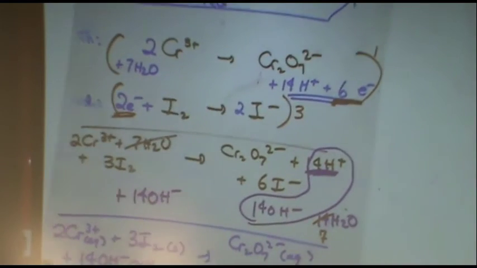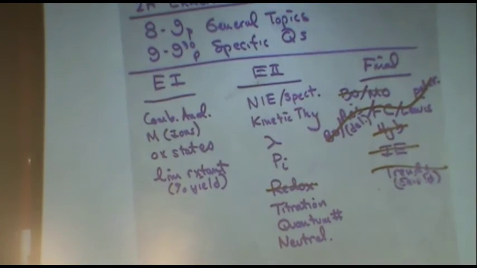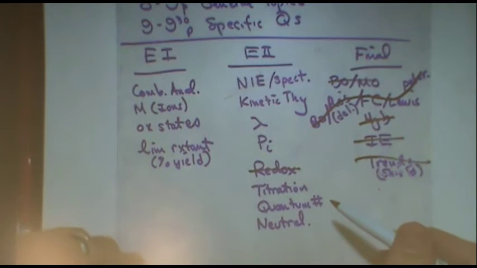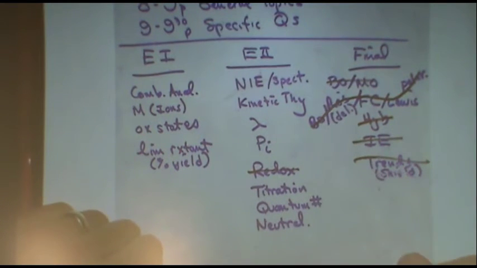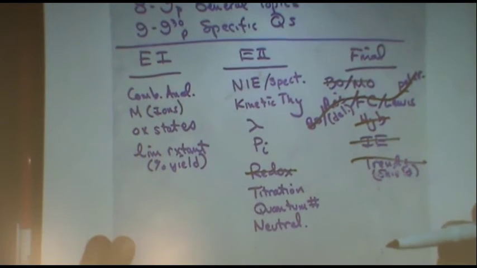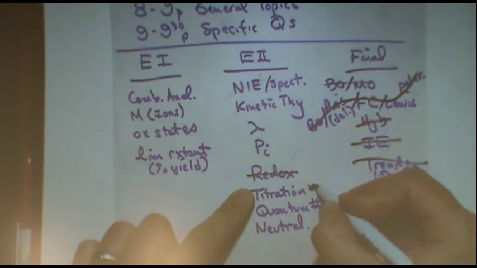Okay, let's go. All right. Next. Oh my gosh. I'd say quantum numbers are pretty big. Net ionic equation is big. Titrations is big. Which one of those 3? Okay, I heard titration and net ionic equation.